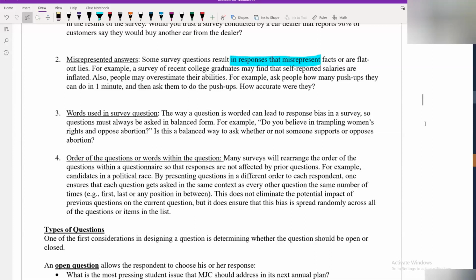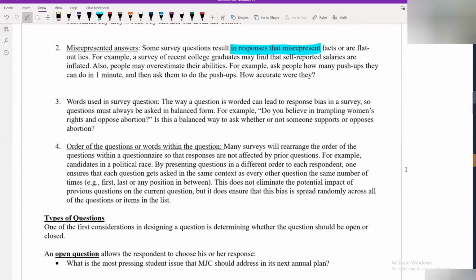For example, if someone asks, do you believe in trampling women's rights and oppose abortion? Is this a balanced way to ask whether or not someone supports or opposes abortion? Some may say no. So the way that we word our questions is very important.